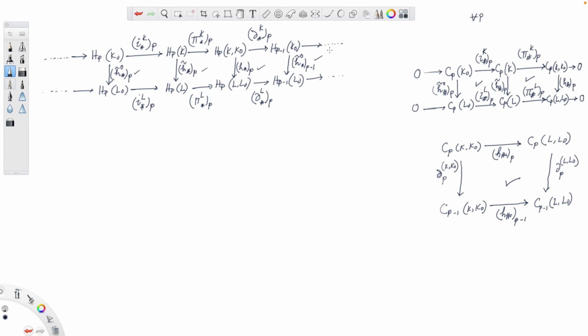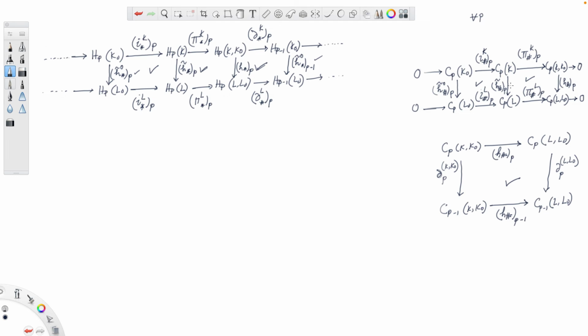Now, the commutativity of all these squares involved in this diagram follows from this. We remember this is the commutative diagram at the chain level, right? So the commutativity of this diagram at the homology level follows from the commutativity of the diagram at the chain level in the following way.